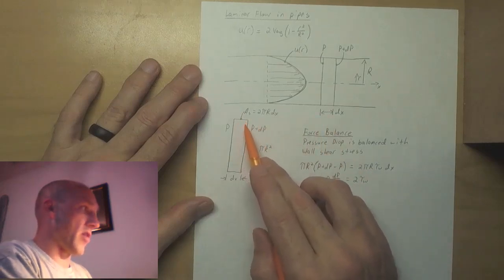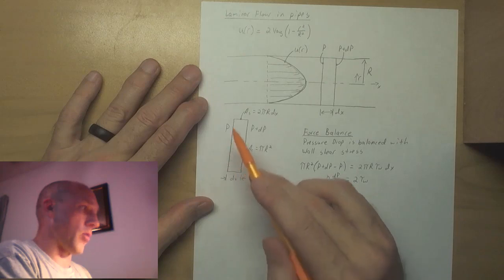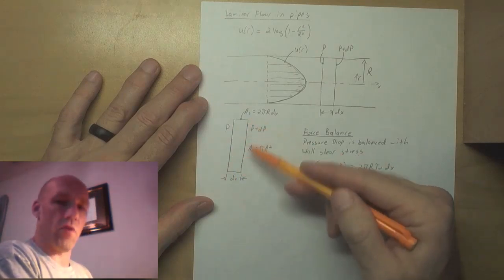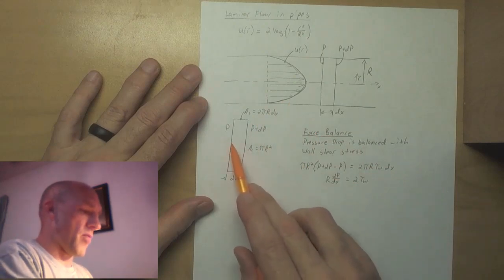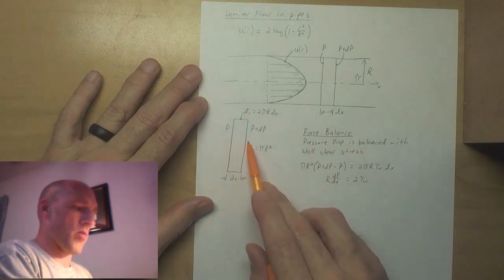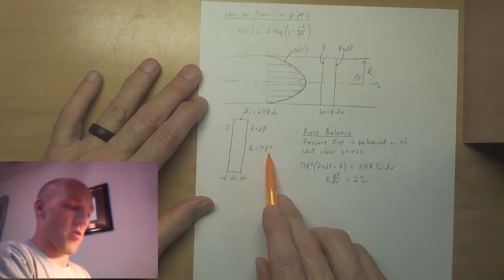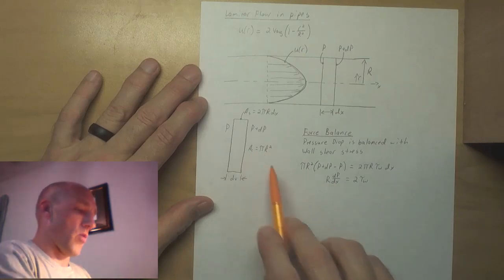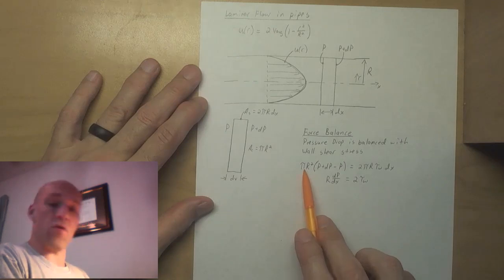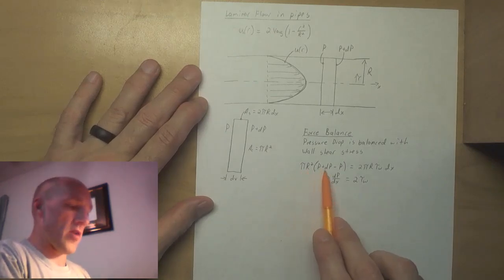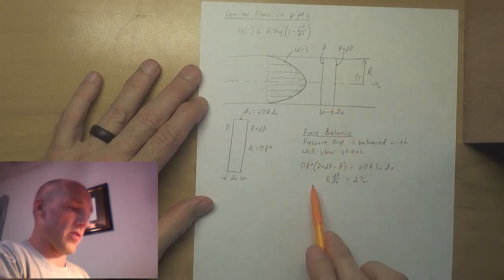The area of the two circular portions is just pi r squared. The force due to pressure is that area pi r squared times the change in pressure.